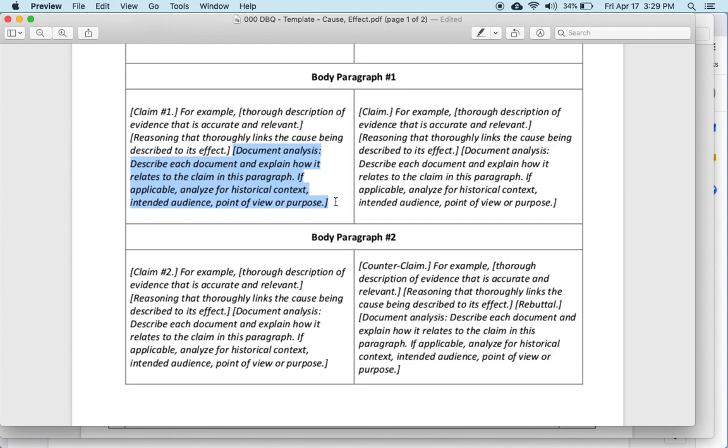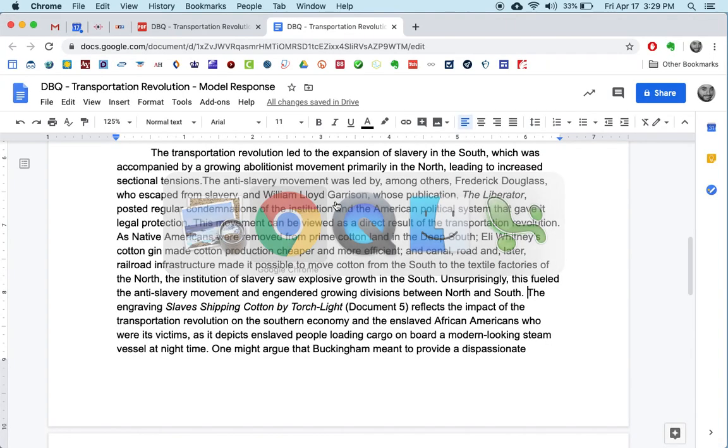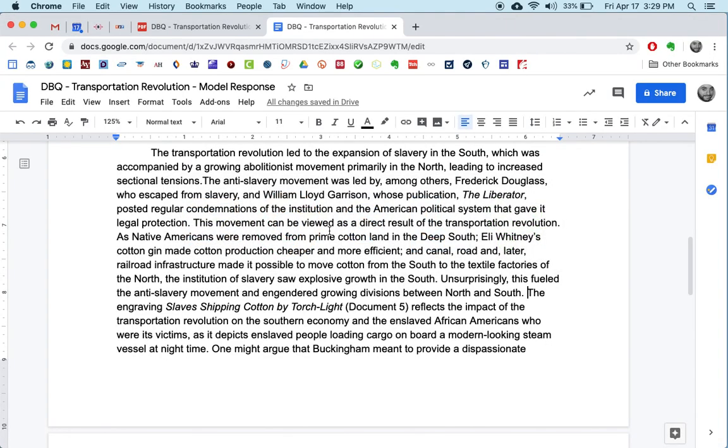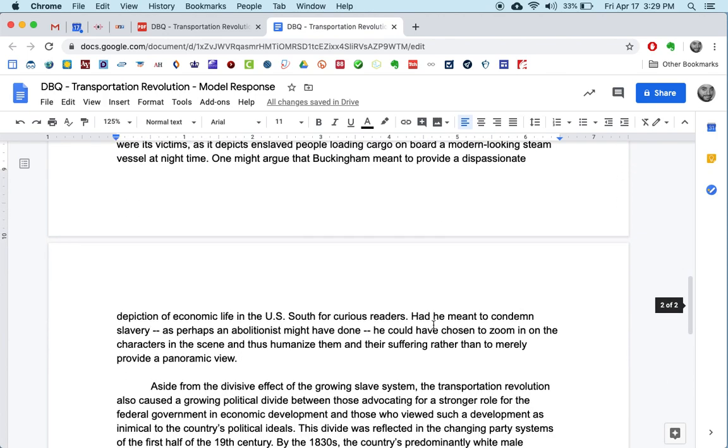Remember, you have to do two things for every document. I have to A, describe the document, and B, explain how it pertains to my claim in that paragraph. Let's see where I left off. Okay, so I go ahead and start with document 5 here.